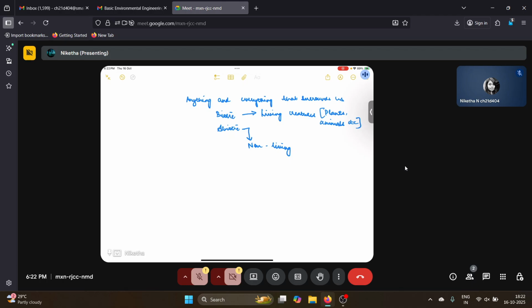So pollutants or waste can be classified into different kinds. The first one is solid waste.